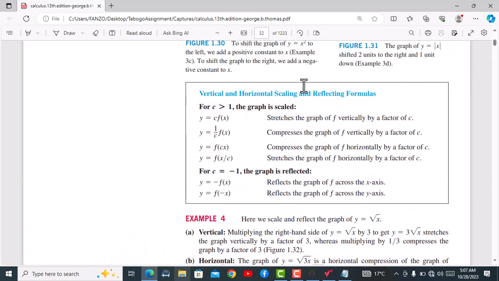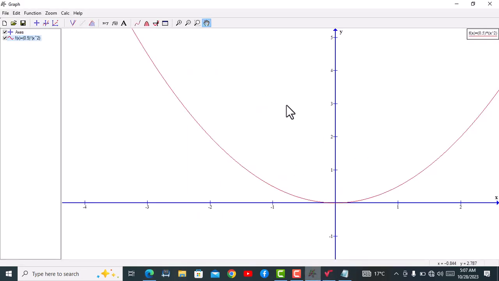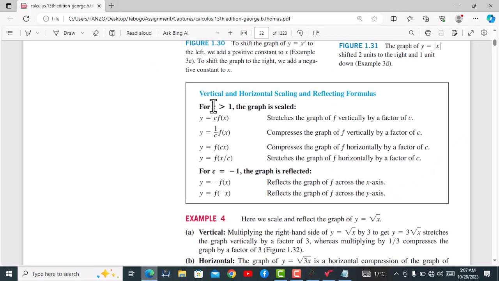Alright, let us continue. I think, guys, this is best explained. Now, remember, we looked at the scaling where the value of c is greater than 1, but I also included values that are less than 1, like half and so on. In the case of the parabola, I just wanted us to do a quick investigation as to how that would affect the function.